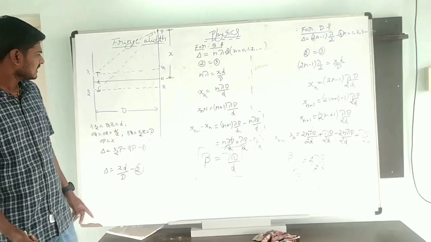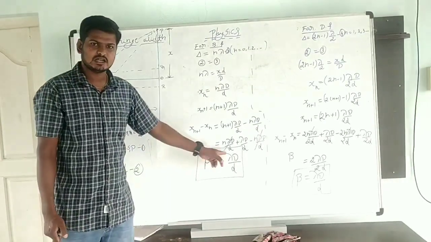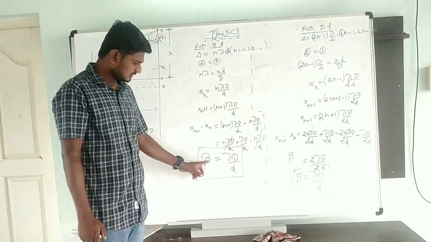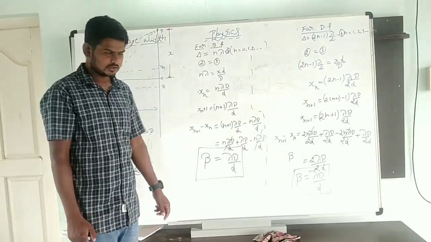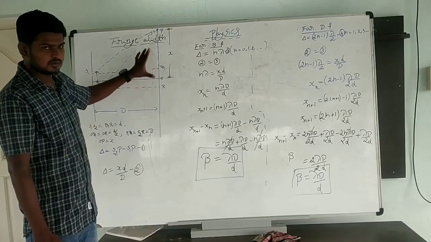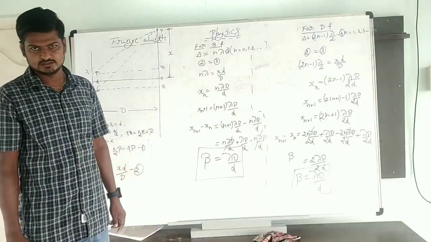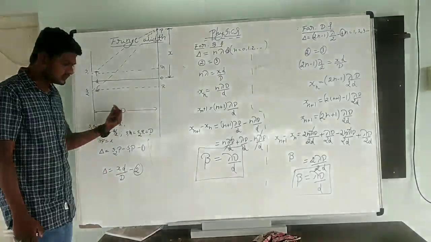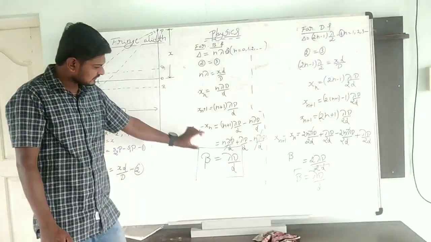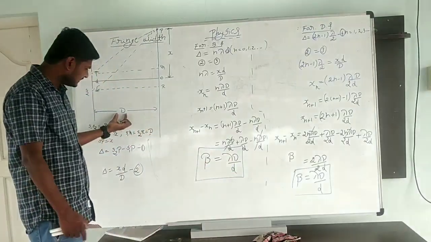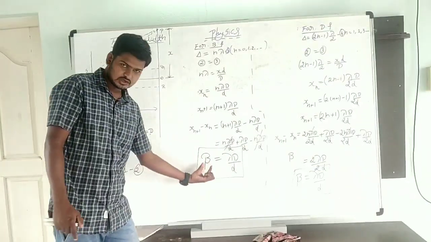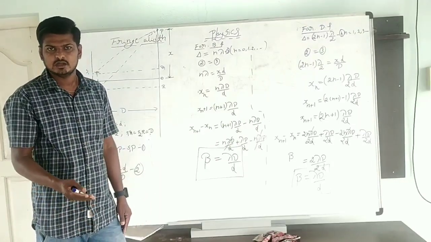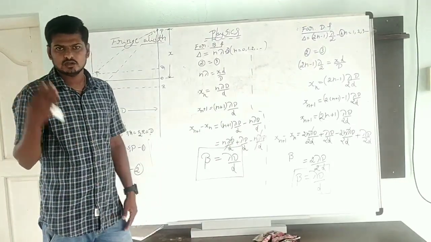Now, they will ask how fringe width depends on wavelength. Fringe width is directly proportional to wavelength. Means as wavelength increases, the width of the fringes also increases. In the same way, when the distance between the slit and screen, capital D, increases, the fringe width also increases.